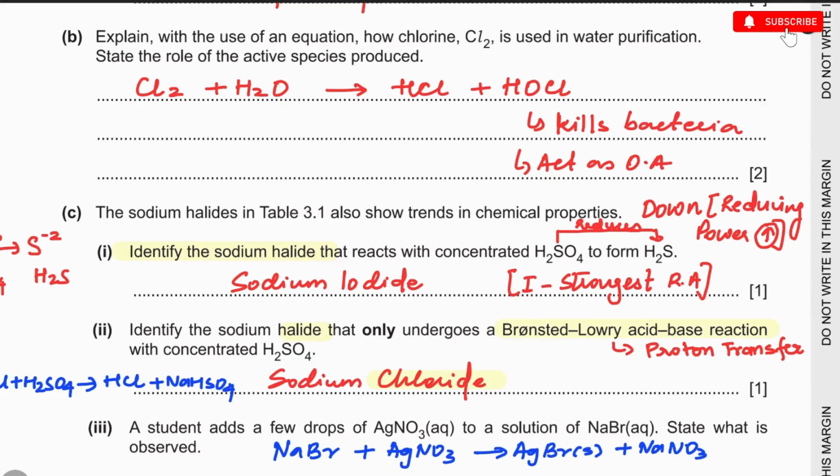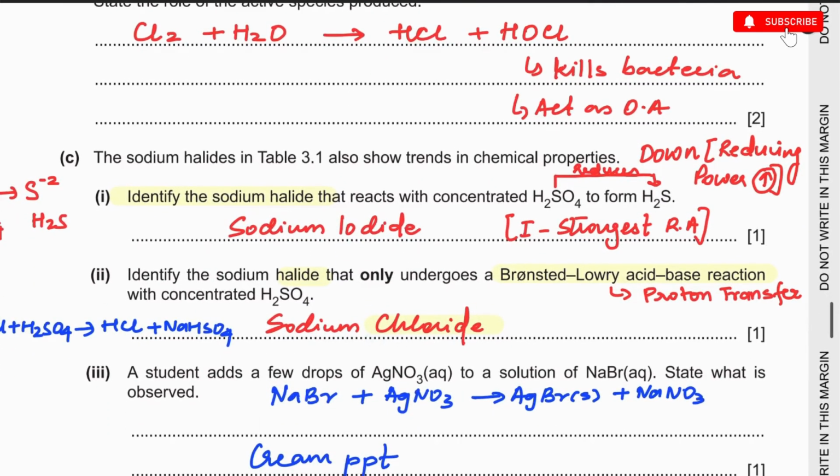We can also write it as the strongest reducing agent. This is how you have to identify it. First, you see how the oxidation state number is getting affected. If it's reducing, then something is oxidizing, and then you decide the reducing power, and accordingly you write the sodium halide, whether it is fluorine, chlorine, bromine or iodine.